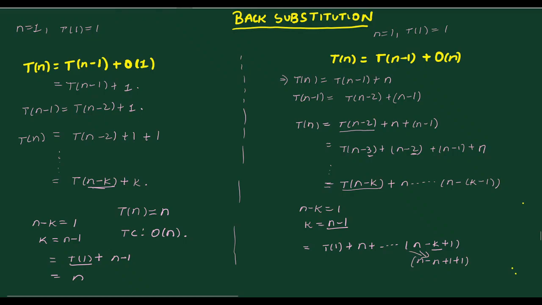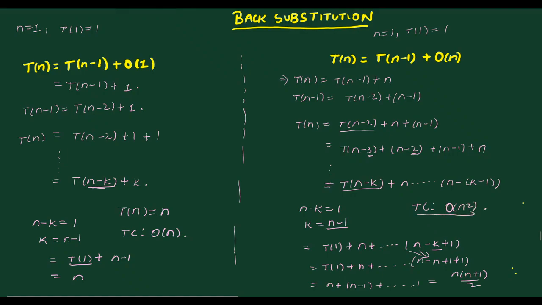This I have substituted like this. So this will become t of 1 plus n, right? t of 1 is 1. So this is basically n plus n minus 1 all the way till 1, which is equal to n times n plus 1 by 2, or time complexity is equal to big O of n square, right?